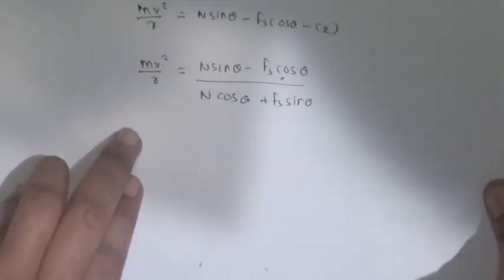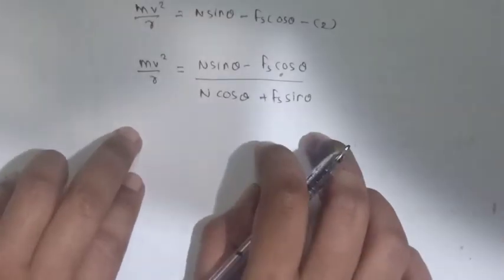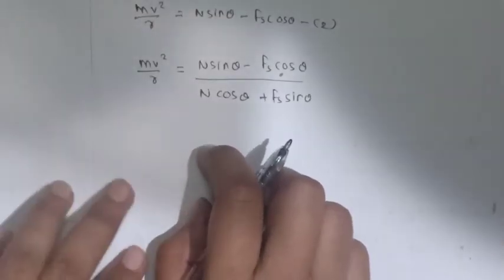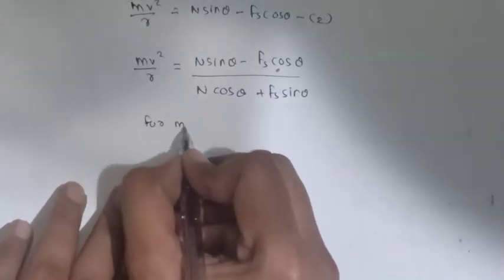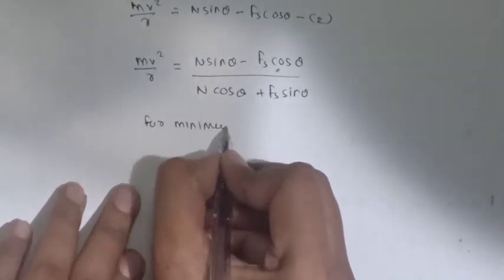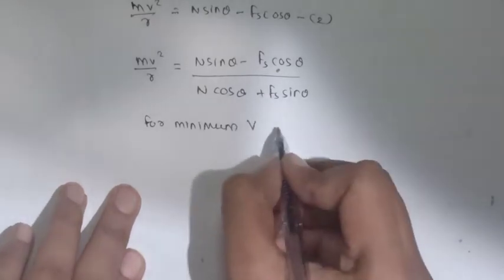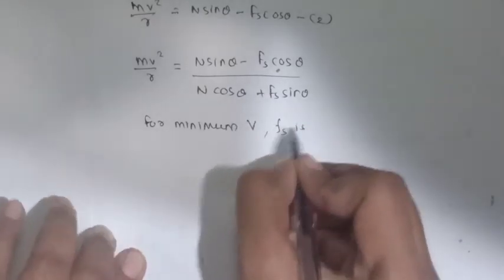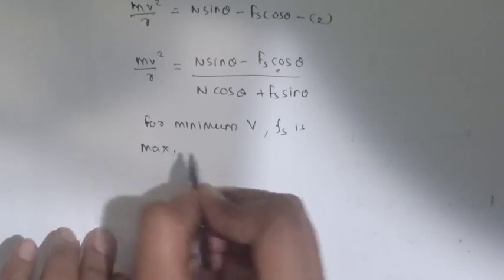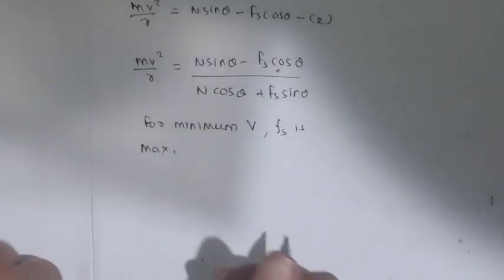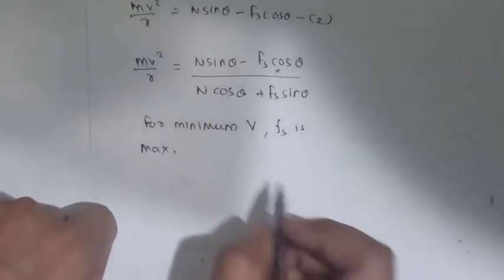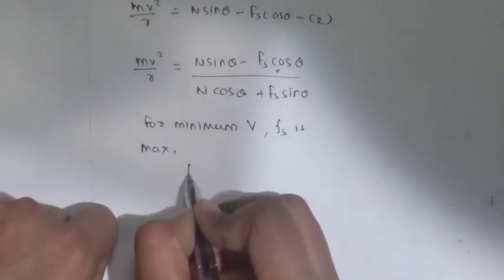As we are finding the minimum speed, for the minimum possible speed Fs is maximum. If your friction is maximum, your velocity is going to decrease.